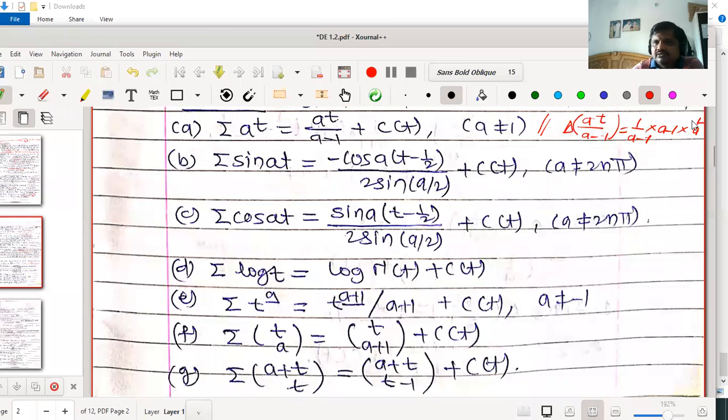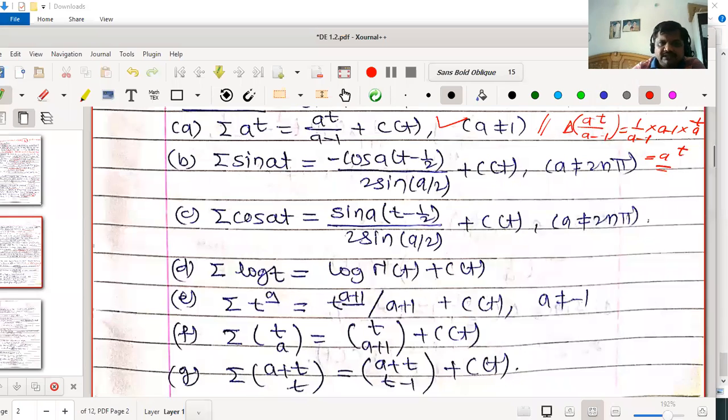So a minus 1 cancels with a minus 1, provided a is not equal to 1. This will get only a to the power t. Therefore, delta of a to the power t upon (a minus 1) equals a to the power t. Hence, summation of a to the power t becomes a to the power t upon (a minus 1) plus c(t), where delta of c(t) equals 0. So proof is very simple.